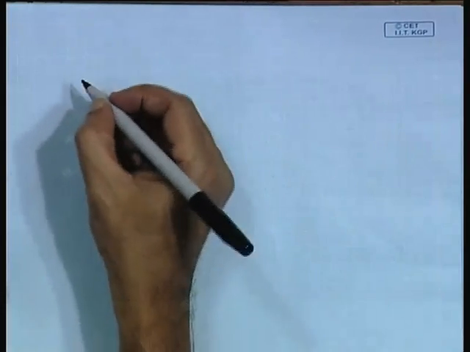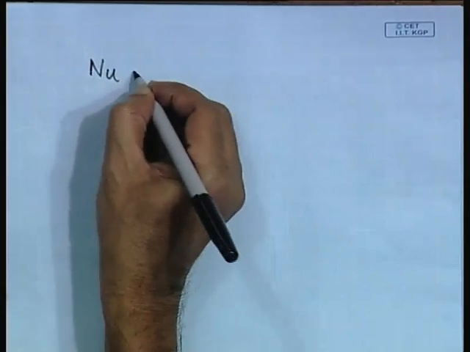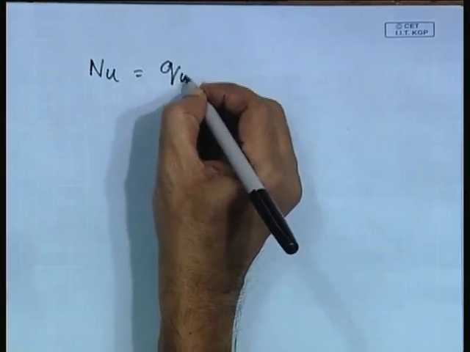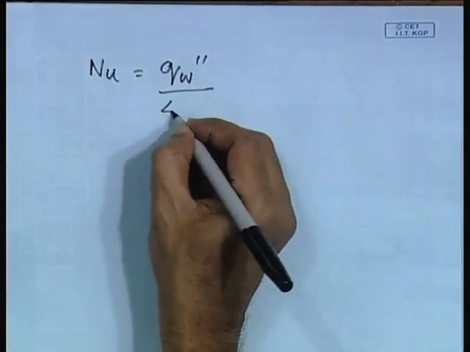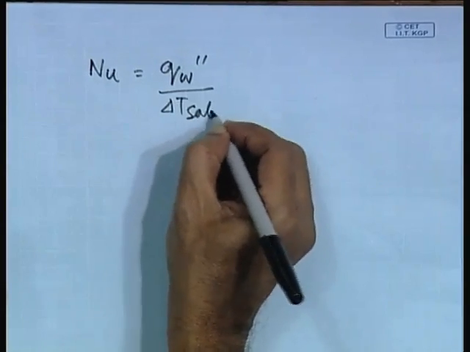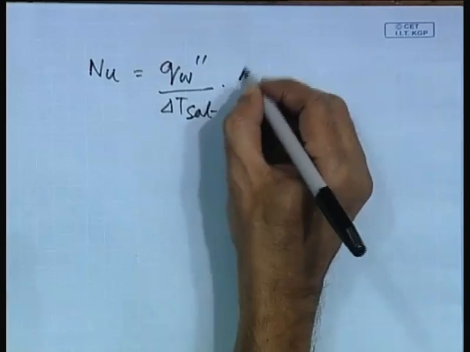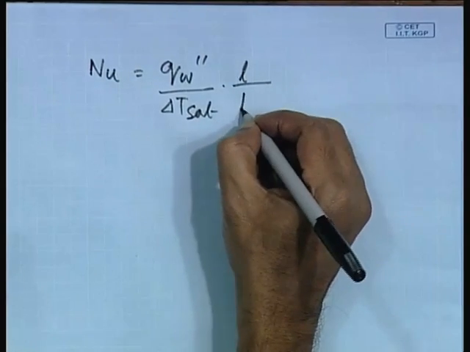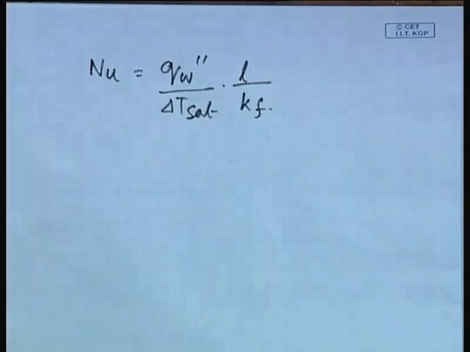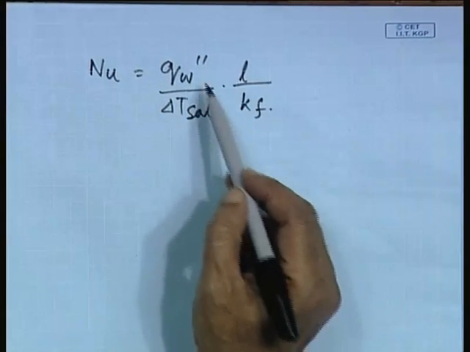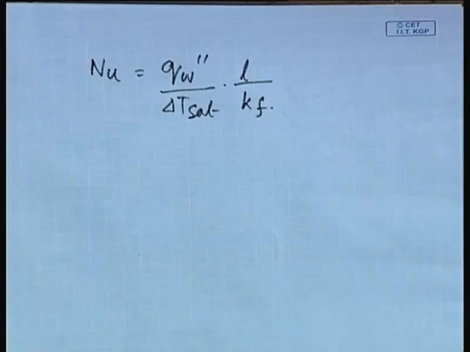Nusselt number again can be estimated as q w by delta T sat. So, basically it is heat transfer coefficient, the first term, then there is a length scale divided by the conductivity of the fluid.